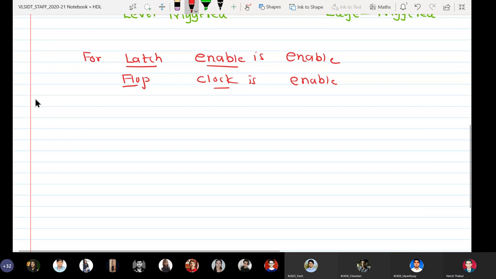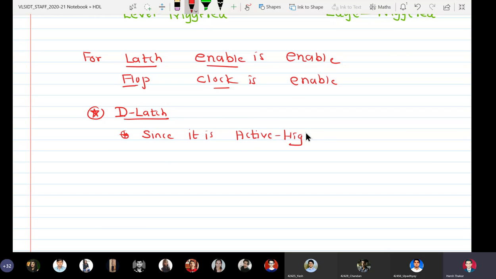See here now. We have a concept of sampling window. In case of a D latch, since it is active high level triggered, I say that Q will be equal to D for enable equal to 1.